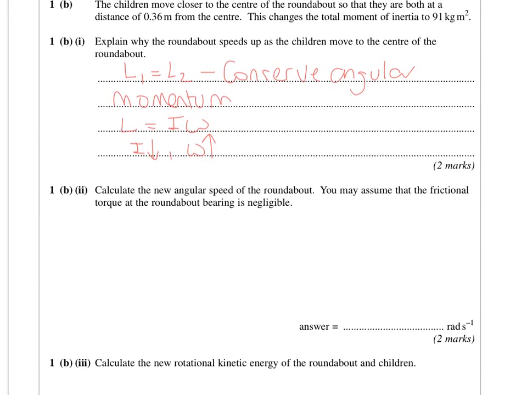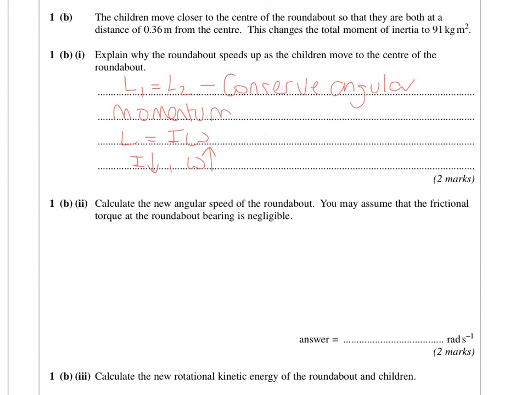Okay, so calculate the new angular speed, assuming there is zero frictional torque, or essentially no external torque acting. So angular momentum is I omega. Let's have a look, what did we have there?